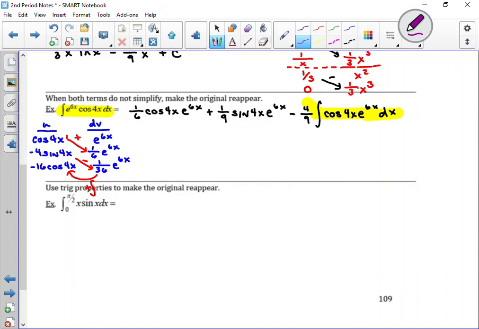So what we do is we say, oh, let's take this and add it to this side. Then I have 13/9 integral e to the 6x cosine 4x dx equals the rest of this.